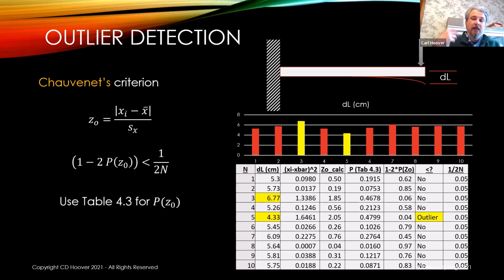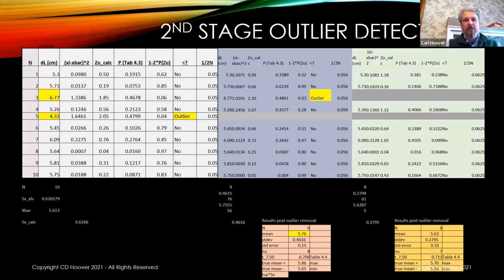Now we might take that to another stage of outlier detection, or we might just stop there. We could remove that one and repeat the same process, a second stage, and we might see that this one right here is an outlier in the second stage. But we have to recompute all of our statistics in that case. So for two-stage, we see the first stage here, and we have our number of samples, and then our standard deviation, mean, and our standard error.